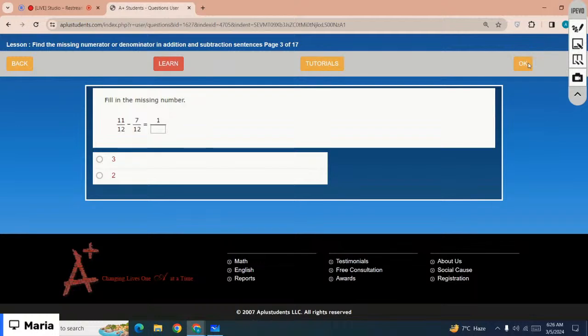Okay, the next one is 11 over 12 minus 7 over 12, which is the correct option?